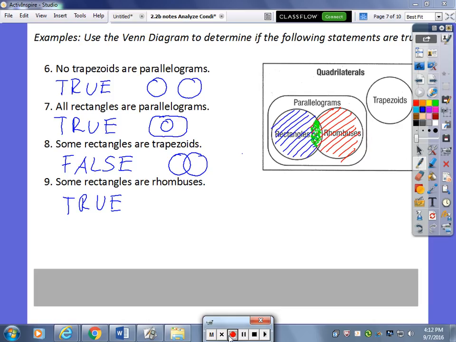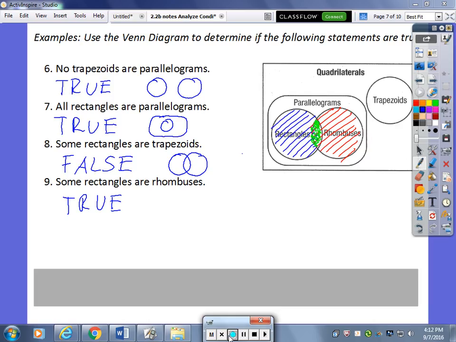All right, so for your summary, I want you to do two things. First, I want you to create two statements based on this Venn diagram about our quadrilaterals. One of those statements should be true, and the other statement should be false.